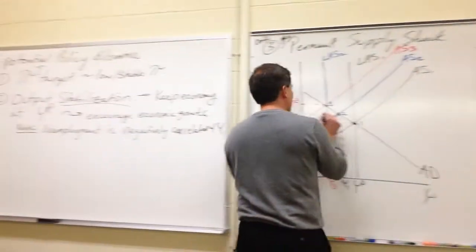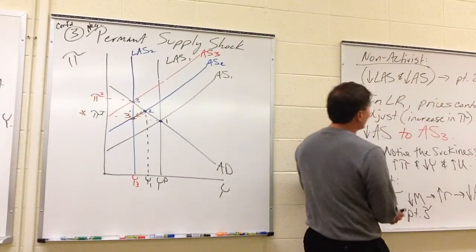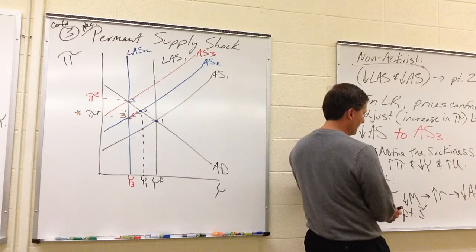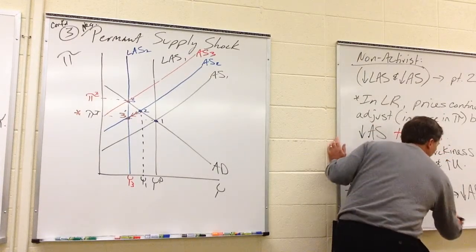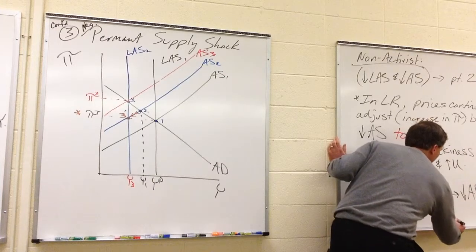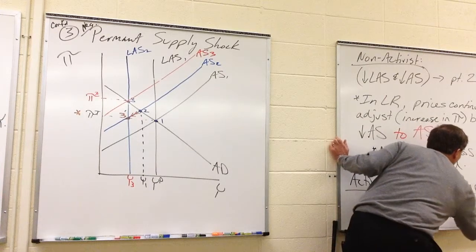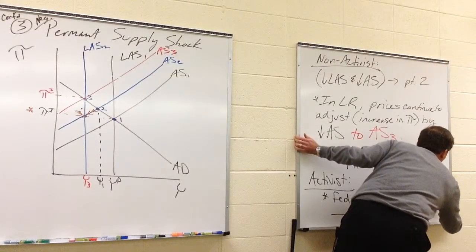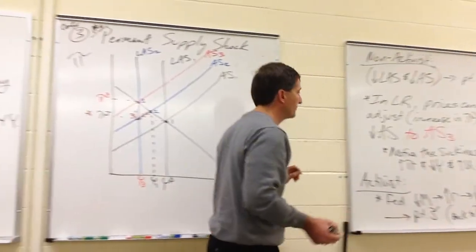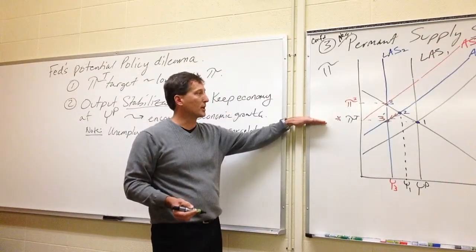I have it in colors here, but you guys with your pencils could just put 3 prime. Move the economy to point 3 prime, where we are restoring our target. So we're back to pi t. And we also got back to our potential.